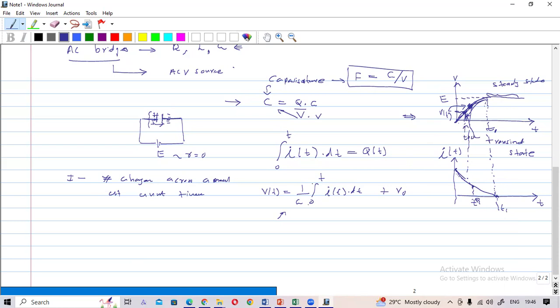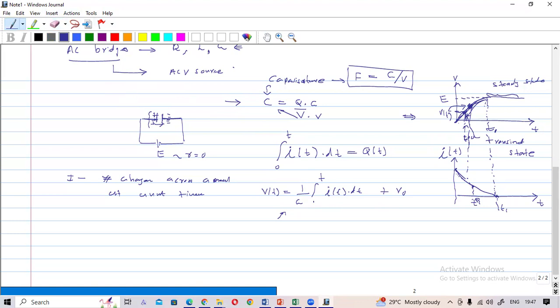Then it will be 0 to t. If you consider that the time is t1 or something, then it is not from 0 but from t1 to t. Anyway, you can consider V naught as the initial condition, V naught at t equal to 0. So you have to integrate this from 0 to t.